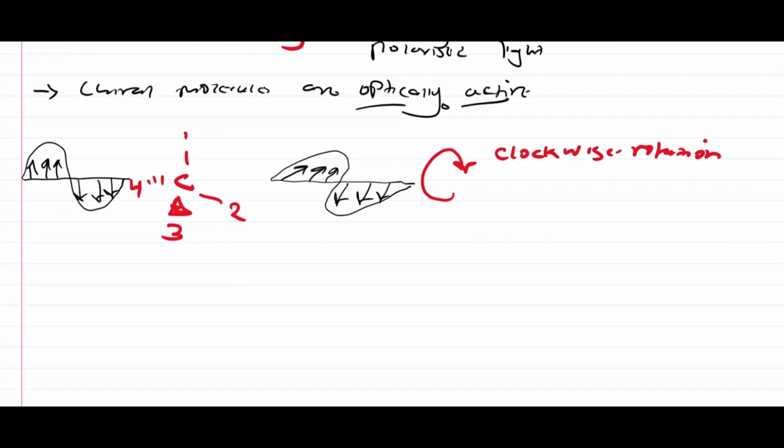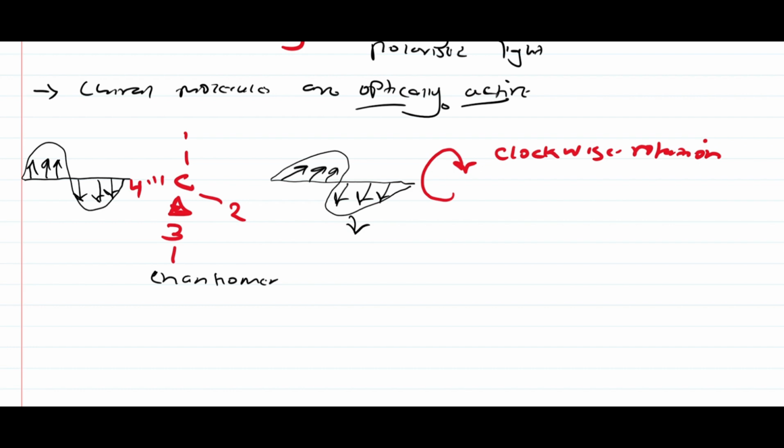Now, this molecule here is my enantiomer. Then this is now rotated plane polarized light. Now the key thing that we need to know is that when plane polarized light is passed through a molecule, the molecule will rotate that light in a clockwise direction.